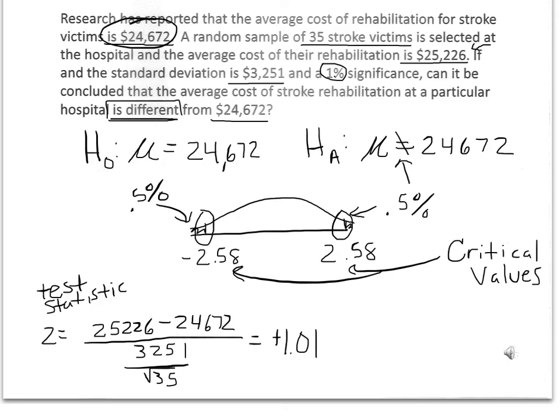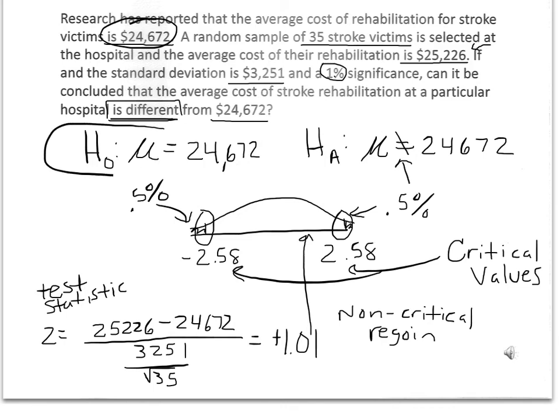If I look at my chart, at the picture that I drew, 1.01 falls in here. It falls in what we call the non-critical region. Because it falls in the non-critical region, we're unable to reject my null hypothesis.